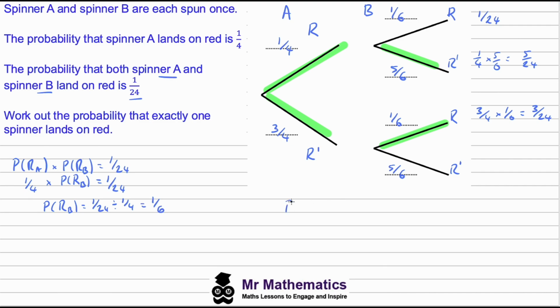So the probability of a red and a not red, or a not red and a red, will be 5 over 24 plus 3 over 24, which is 8 over 24, or 1/3. Okay? Let's try one final question.